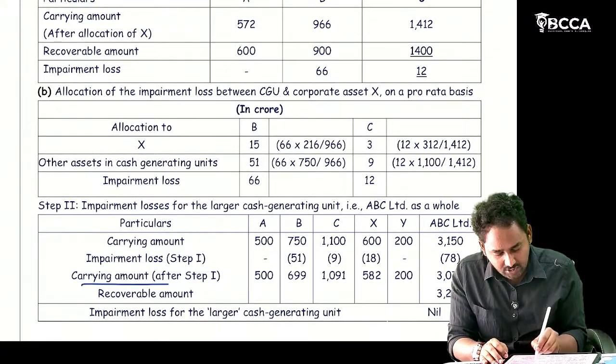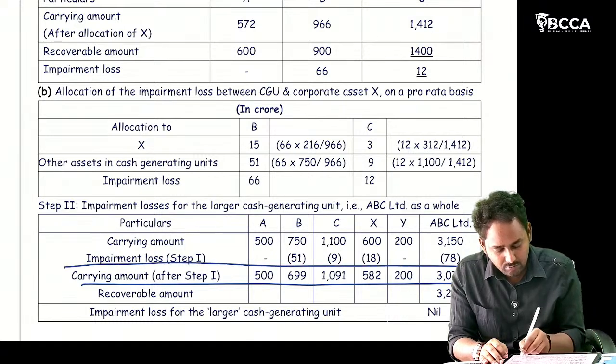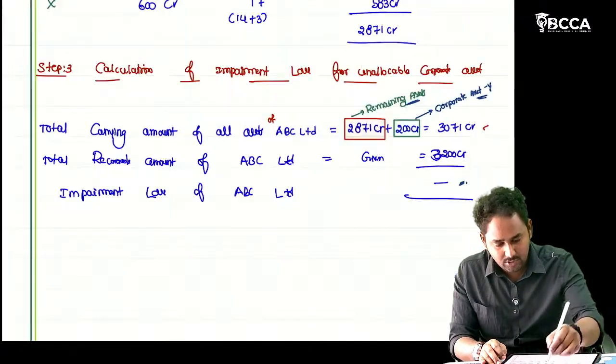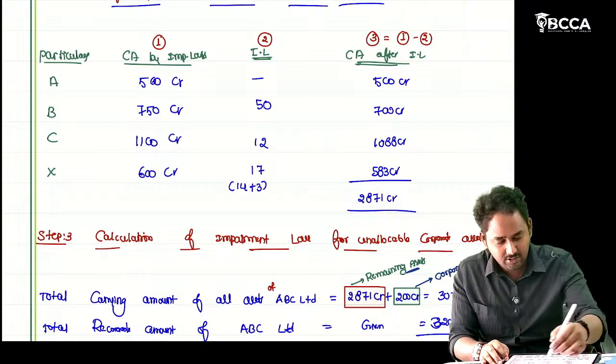Here these are the carrying amounts. So after step 1, these are the carrying amounts: 500, 700.